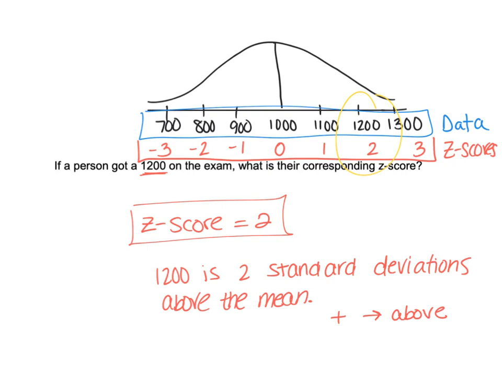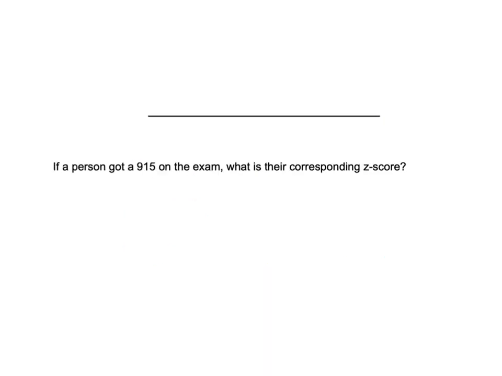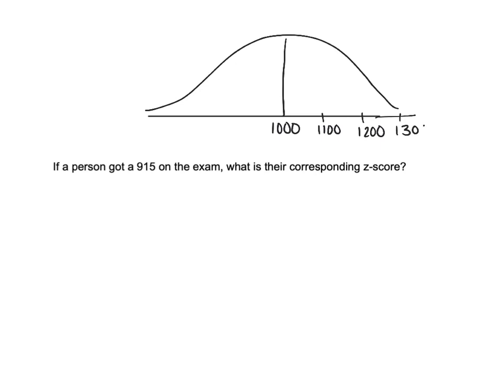All right, let's try another problem. Same thing, they want to know if a person got a 915 on the exam, what is their corresponding z-score? So let's draw the picture one more time. And we're going to put our mean right in the middle of 1,000, 1,100, 1,200, and 1,300.